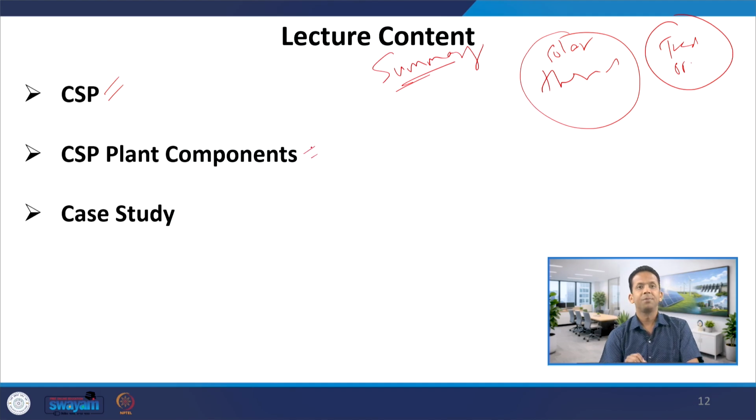In terms of comparison, we saw a plant in Morocco and 2 plants in India, and we compared how different technologies or different types of collectors can have different area requirements, different efficiencies and result in different costs.